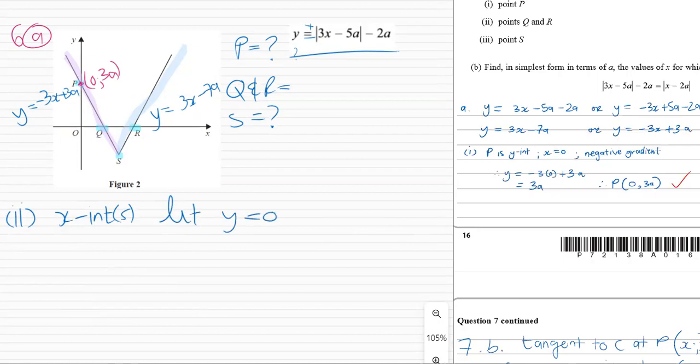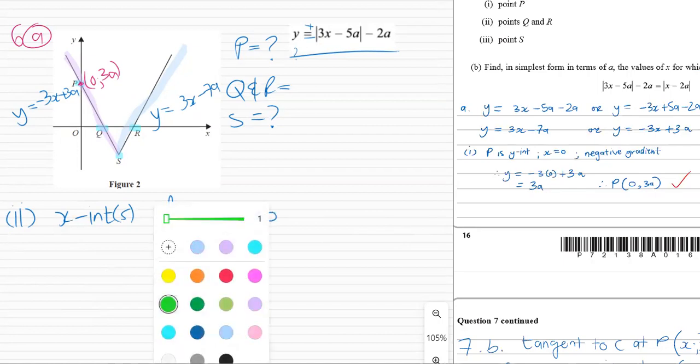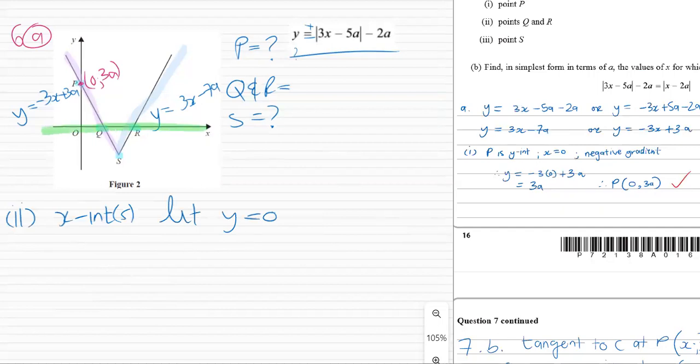Because y is 0 on this line, y is always 0. So first we can do the negative one, where the y was 0, and this is our negative gradient. 3a, just a little bit of algebra, take it over the line, and then divide both sides by 3.